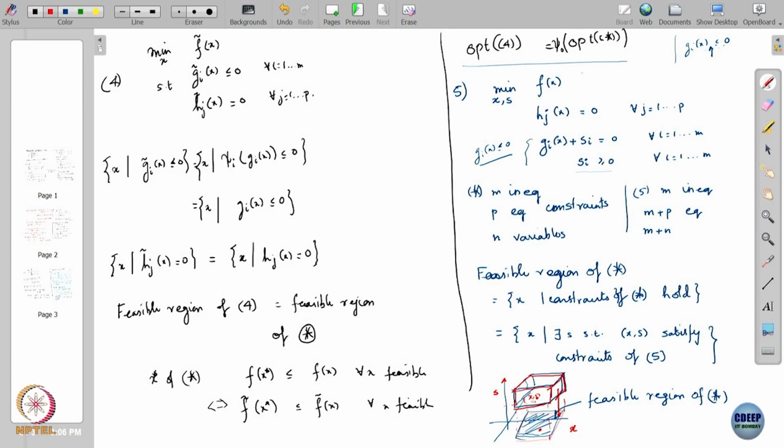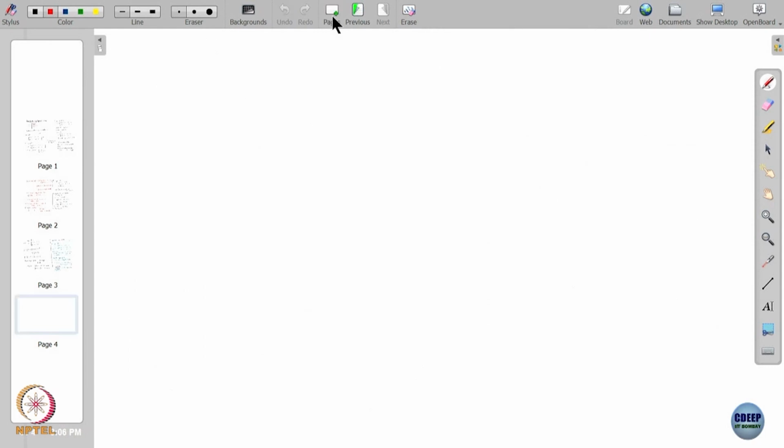Okay. So, the bottom line is that if x star is a solution of star, this implies that there exists an s star such that x star, s star is a solution of phi.